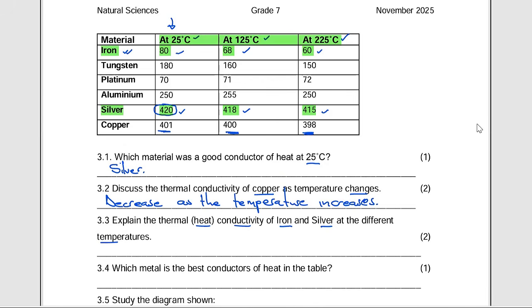So the general trend there, we can say the thermal conductivity of these two metals, what happens to them?